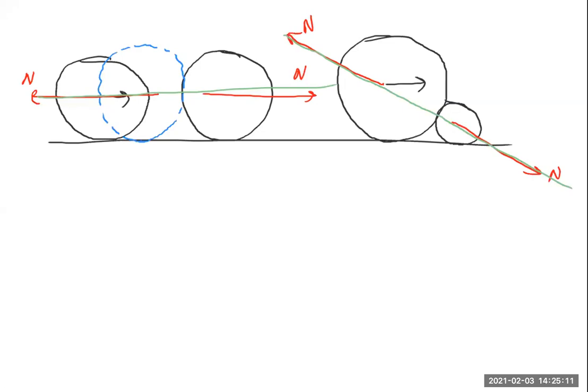So the first collision is a head-on collision. Look at the velocities of the billiard balls after and before the collision. They are all along that same green line, right? So therefore, that is a head-on collision.